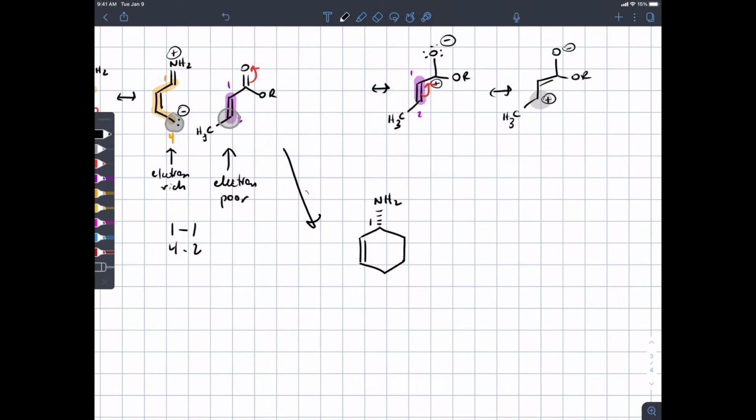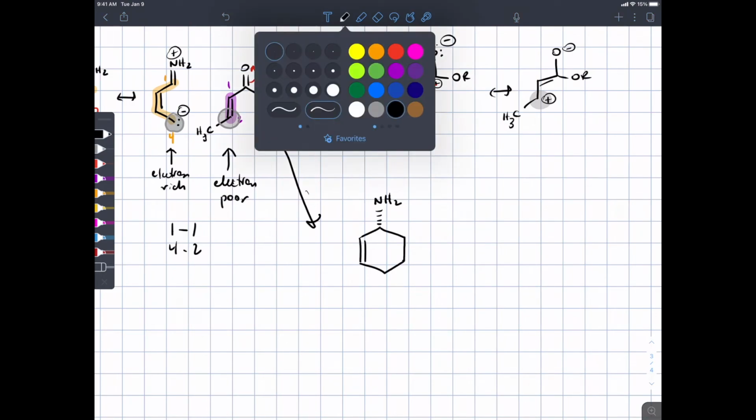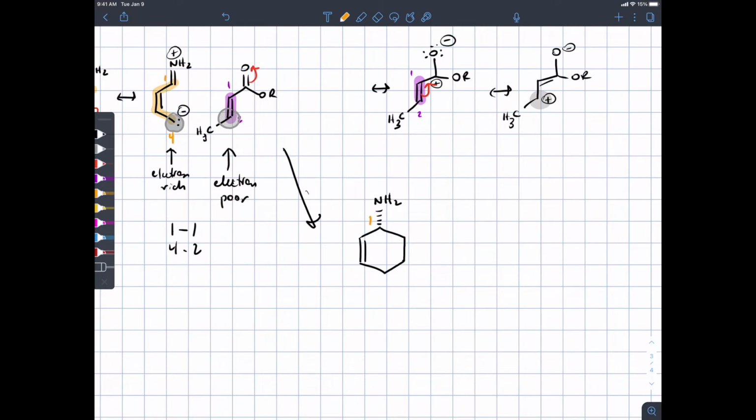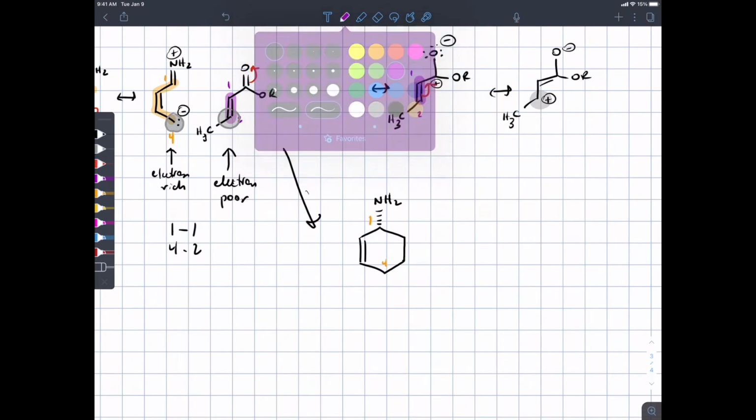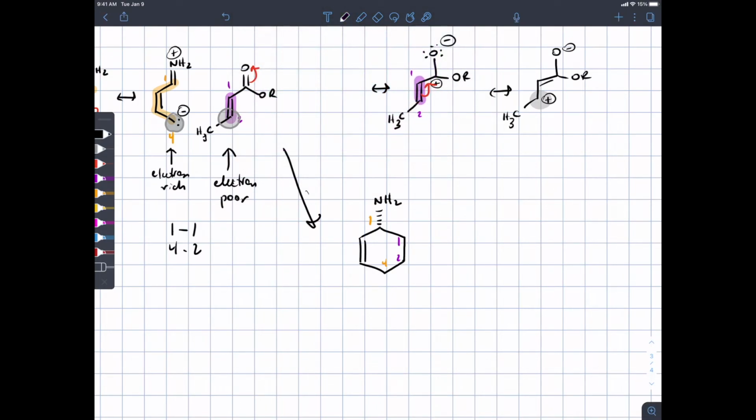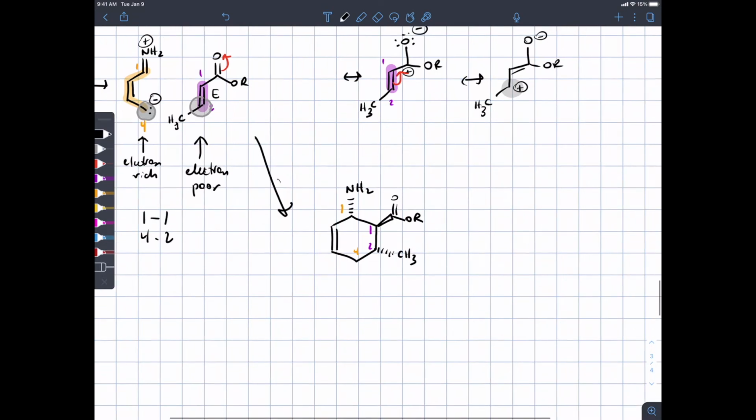And remember, I'm going to make sure as I do this that orange 1 is bonded to purple 1 and orange 4 is bonded to purple 2. Purple 1 has an ester group on it. I'm going to choose for this diastereomer to have that ester group pointing upward. Because that ester group was trans to the methyl group in the olefin, it must also be trans to the methyl group in the product.